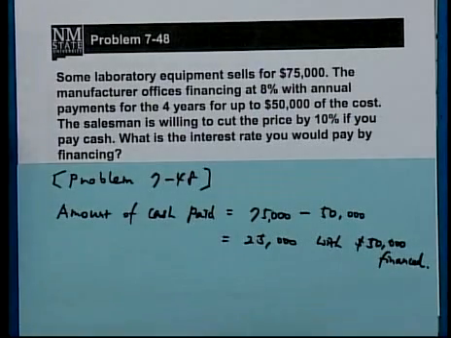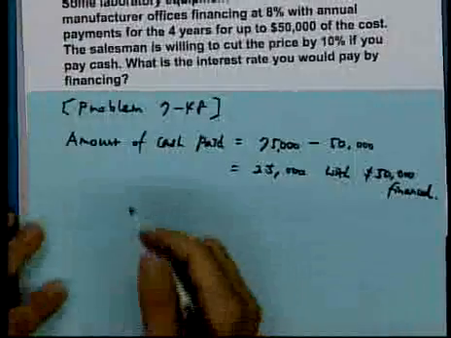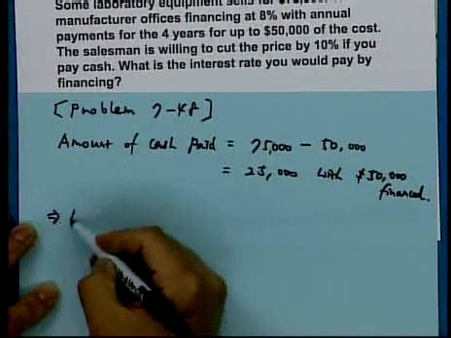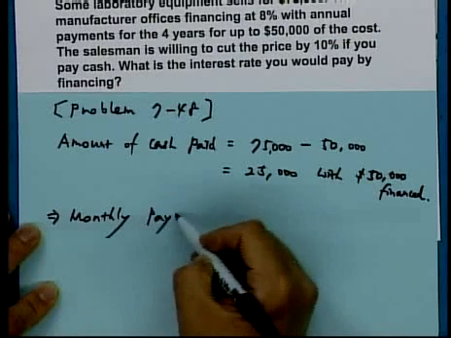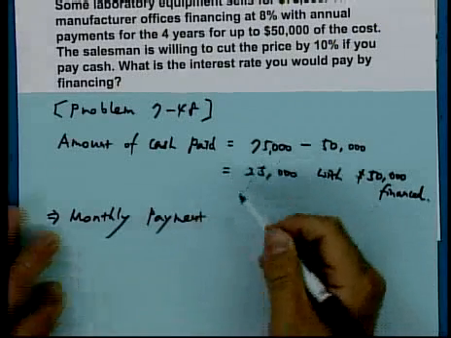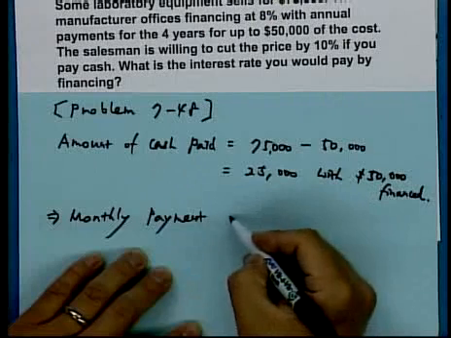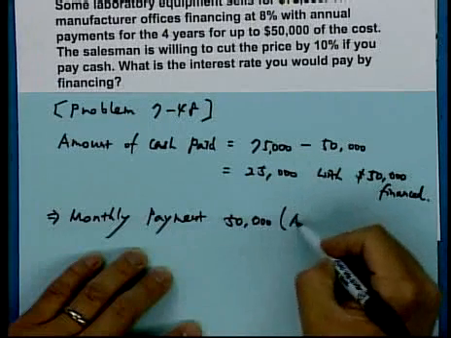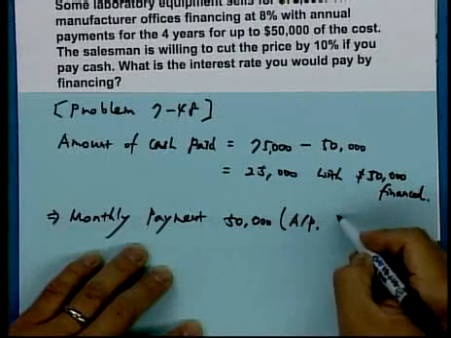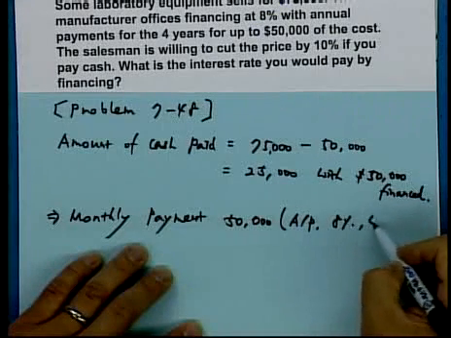So the annual payments would be 50,000 times A given P, 8% over 4 periods.